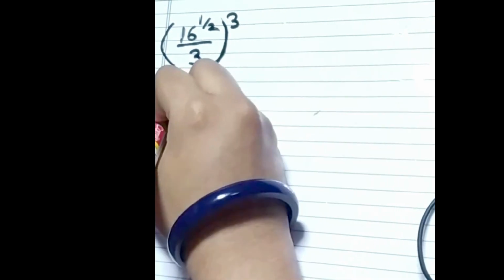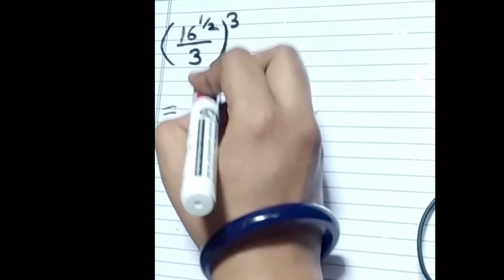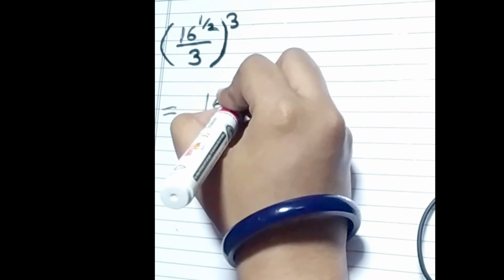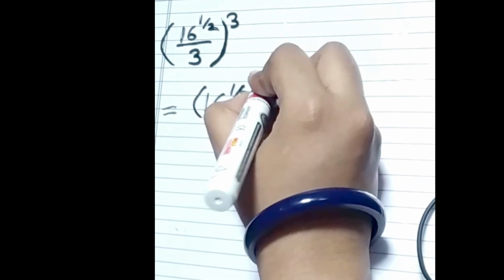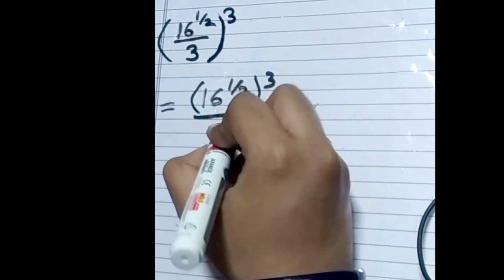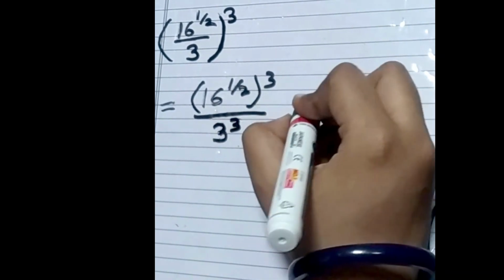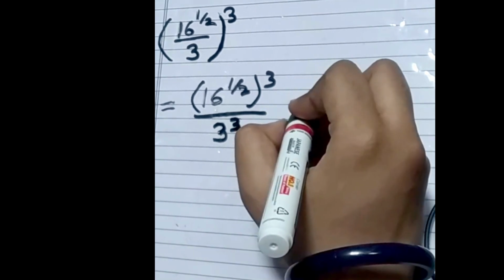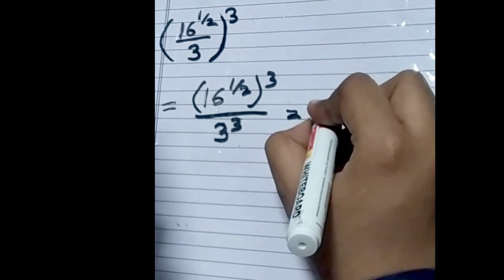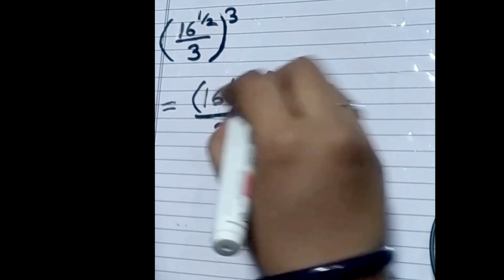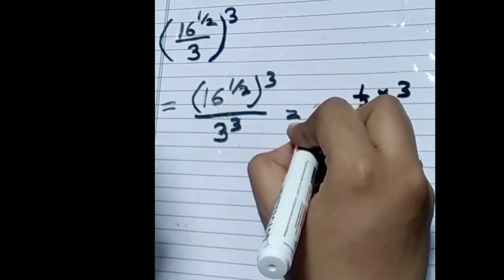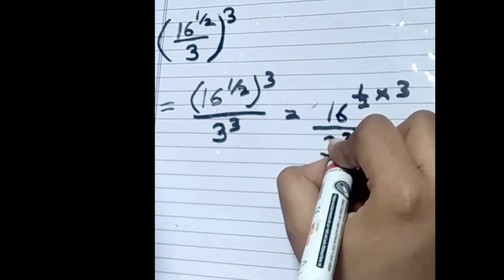See, equal to 16 raised to 1 upon 2, the whole cube upon 3 cube. Okay, so this will be equal to, we can multiply here, we can multiply the index. Okay, so 16 raised to 1 by 2 into 3 upon 3 cube.